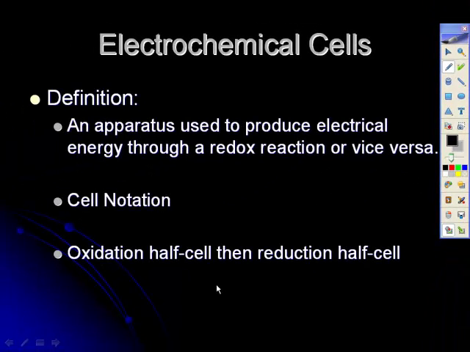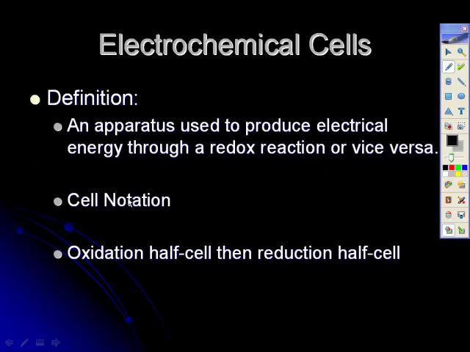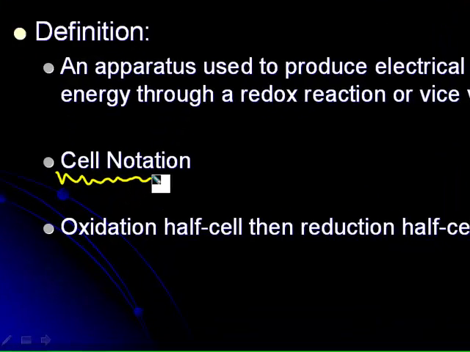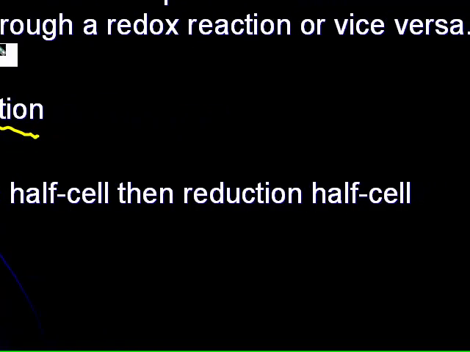What I want to just mention briefly before we're done here is this thing called cell notation. So once you get that definition there, this is a general definition of an electrochemical cell, which is what you just saw. When you set up an electrochemical cell, what you can do is express this in a shorthand manner.